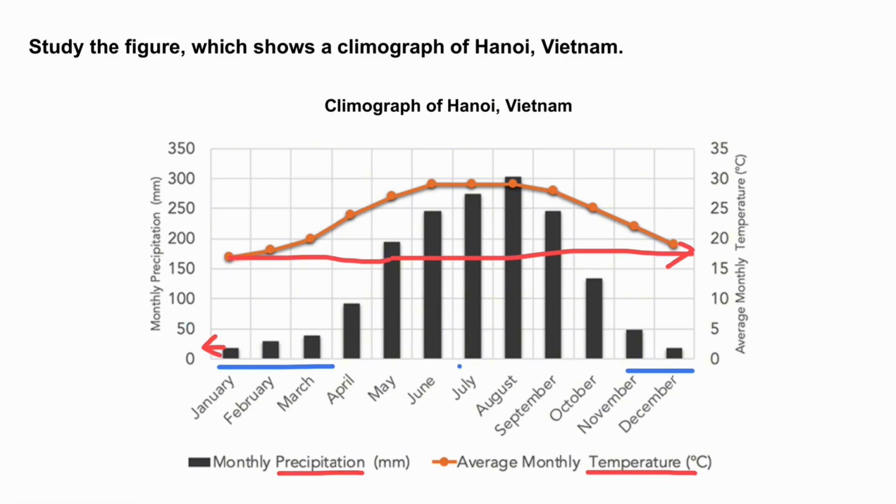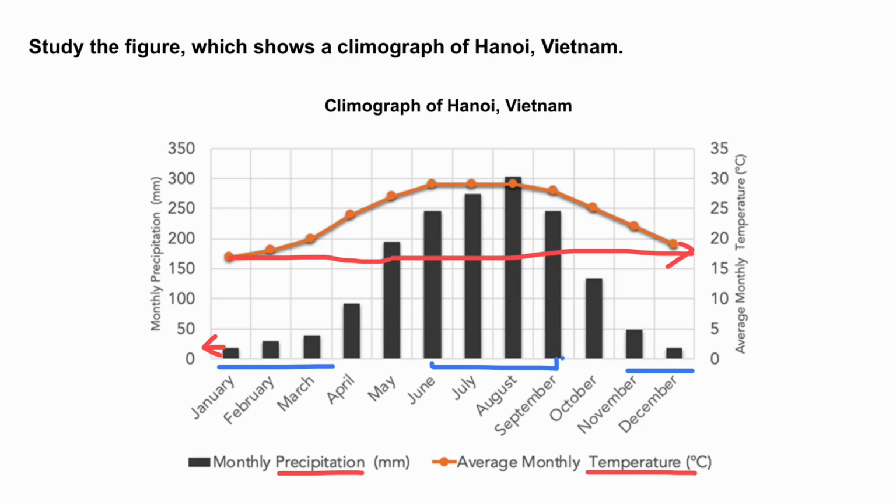But then you get months in between, June to September, where you suddenly see an increase in the rainfall, from about 200 mm all the way to about 300 mm. This tells you that Hanoi has a very distinct dry and wet season. The dry season is between November to March, and the wet season is between June to September.